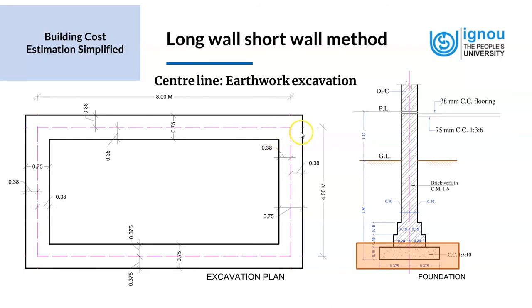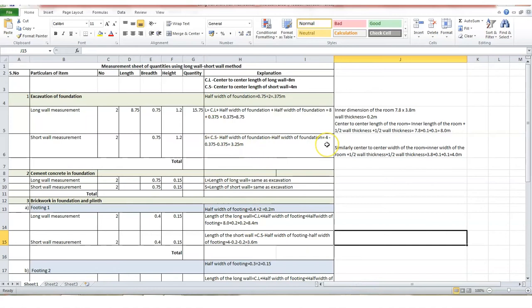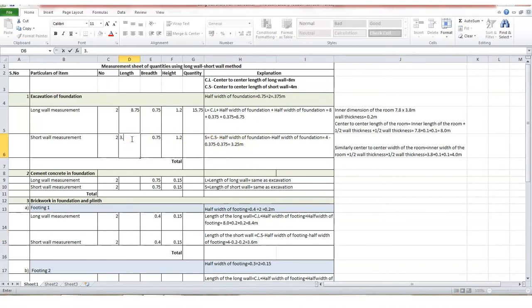So we need to subtract this 0.375 and this small little 0.375 from the central line of the short wall. So we have 4 minus 0.375 minus 0.375, which is 3.25 meters. We'll add that here, 3.25 meters. Remember, we are following the same unit of measurement for all the items.